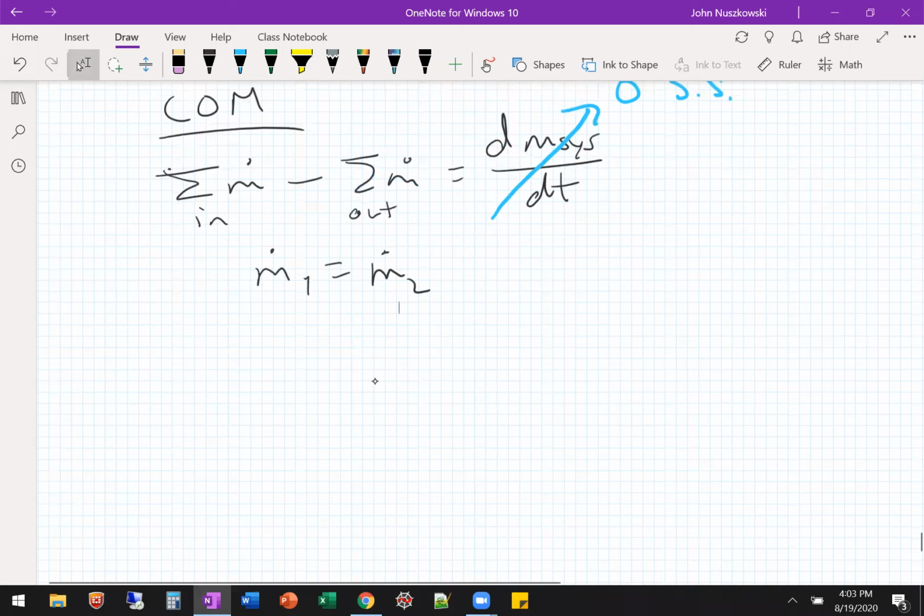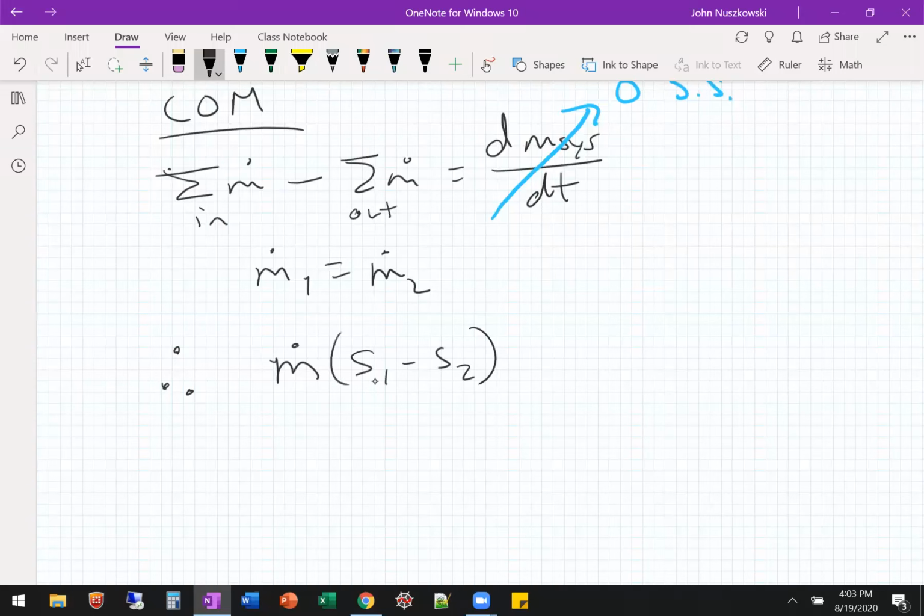So then we put that together. We have mass flow rate times (S1 minus S2), plus the rate of entropy generation, equals 0.